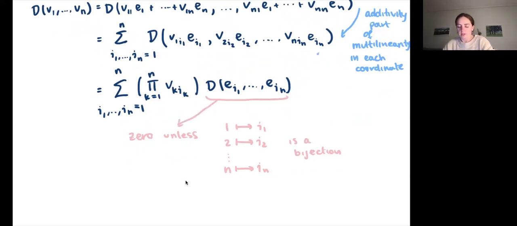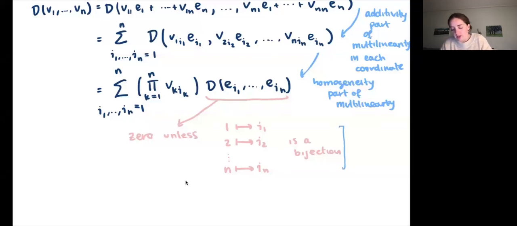This step is, let's call it, the homogeneity part of multilinearity. And then this part is by alternating.